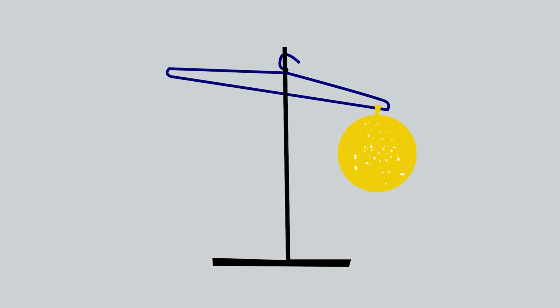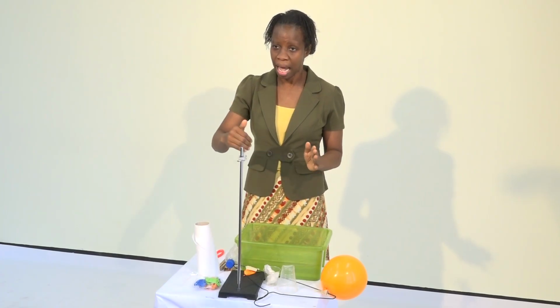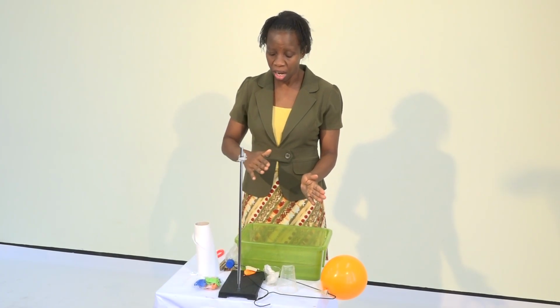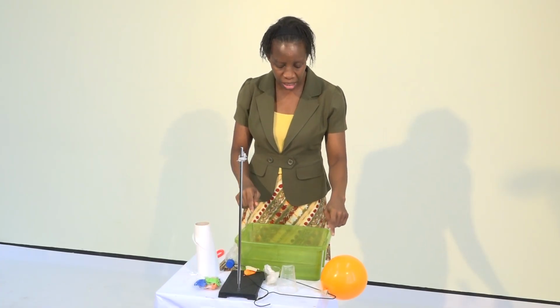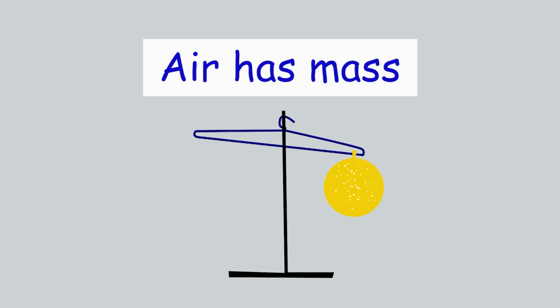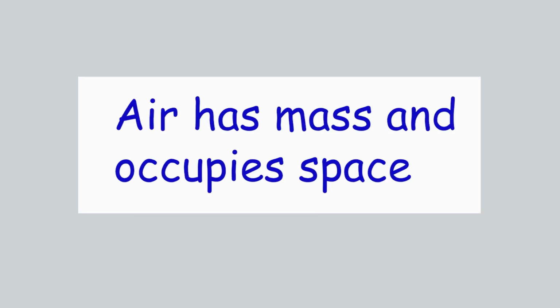In the same way, if you had a heavy person and a light person on a seesaw, and once that person gets up, the seesaw will change position because of the mass of the person. So this particular experiment would have proven that air has mass. Although we cannot see it, sometimes we can feel the effects of it. We may not be able to touch it, but air has mass and occupies space.